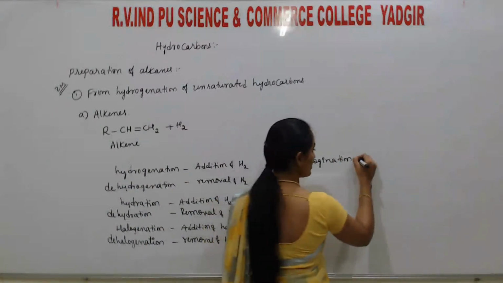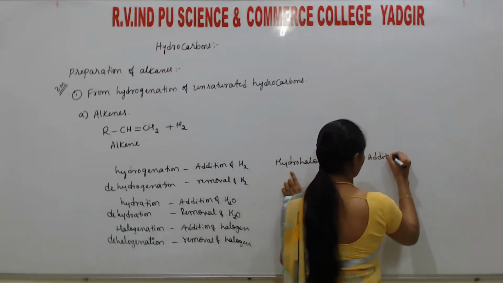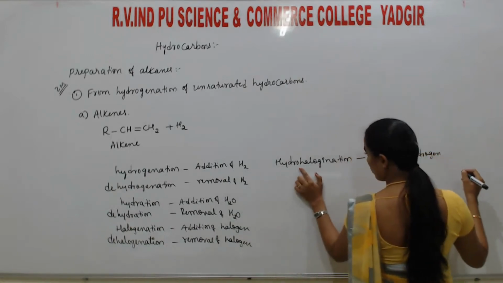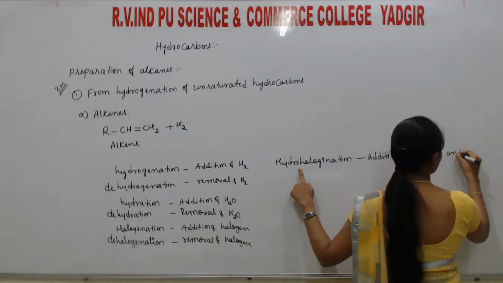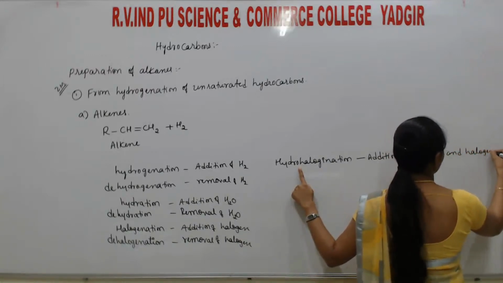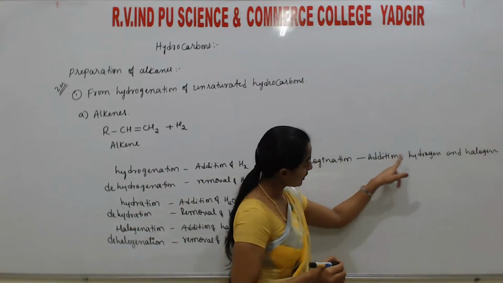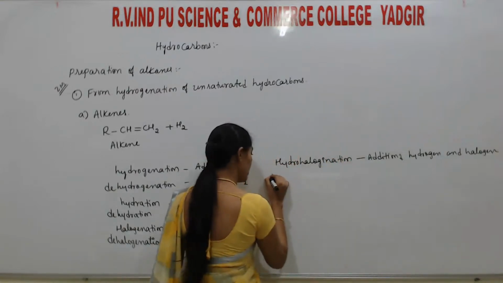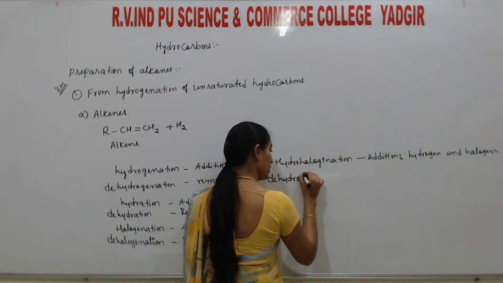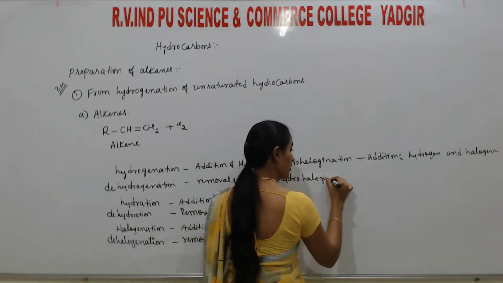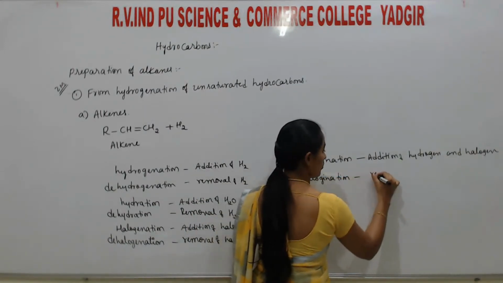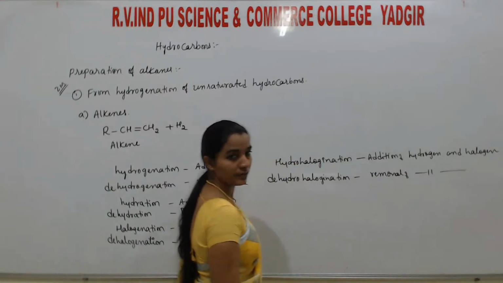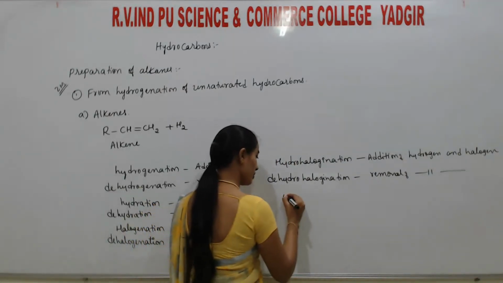Hydrohalogenation: this hydro represents hydrogen and another one is halogen. Hydrohalogenation means addition of hydrogen and halogen. Next, dehydrohalogenation means removal of this hydrogen and halogen.